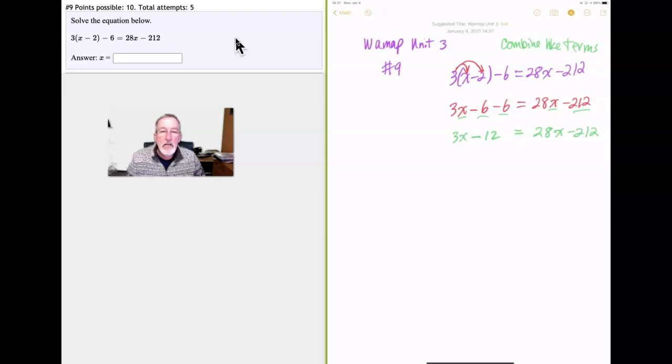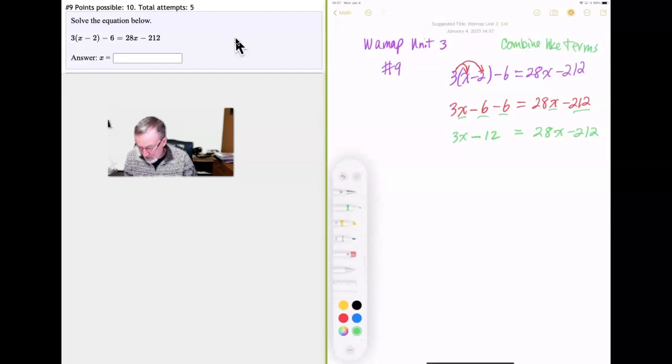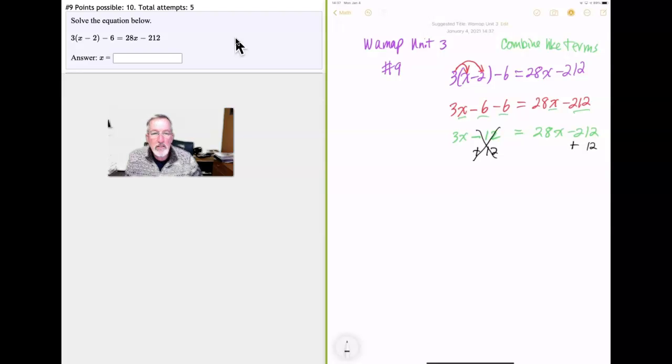Okay. So we'll just keep going on in this vein, combining like terms. And let's get rid of that negative 12. Let's add 12 to both sides. So negative 12, positive 12 cancel each other out, mutual self-destruction. And then we have negative 212 plus 12.